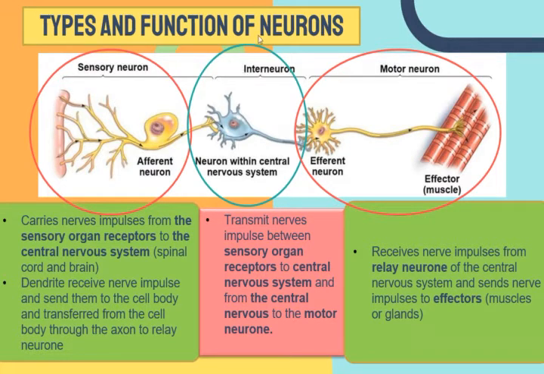The interneuron or relay neuron transmits the nerve impulse from the sensory neuron to the motor neuron. The motor neuron receives the impulse from the interneuron and sends it to the effectors. That is the types and function of the neurons. I hope you can understand that.